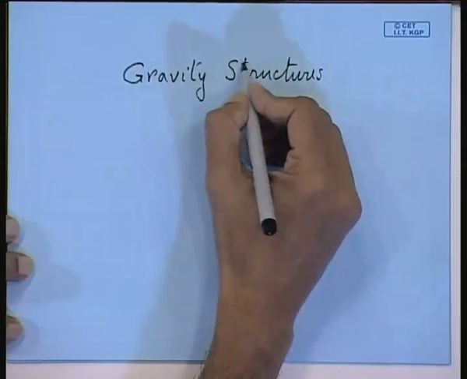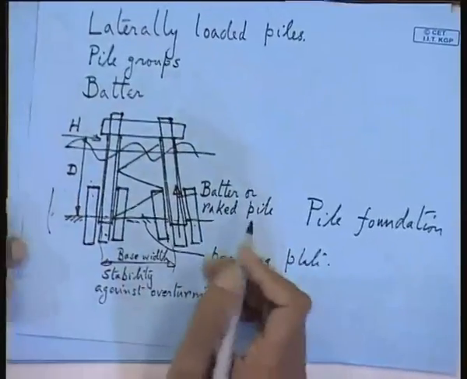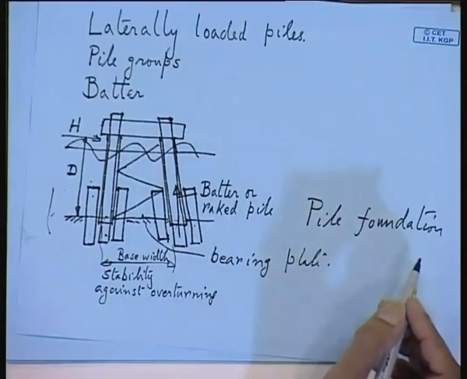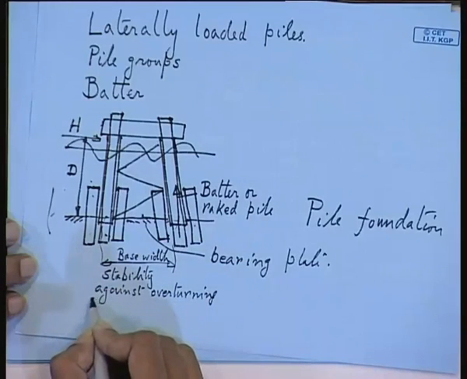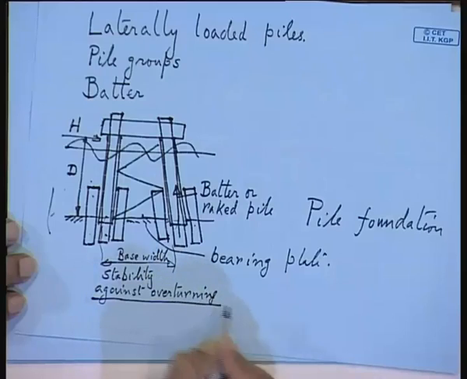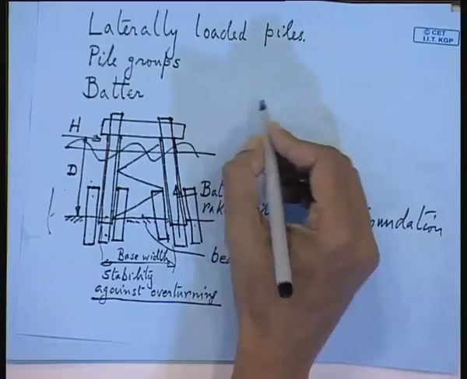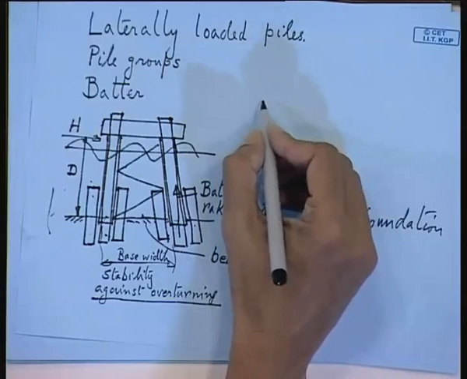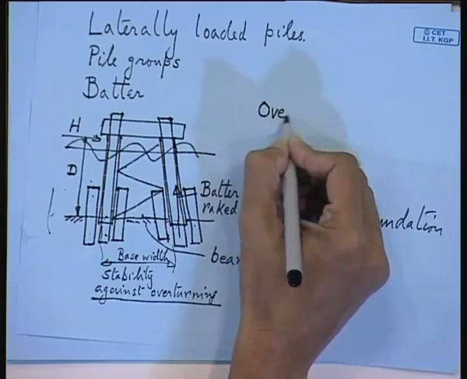The first structure that I have described is your pile foundation. This was what we were resisting, that was the overturning moment. Stability against overturning is the prime consideration for the stability of the structure. In any case, in offshore foundation you have to resist the overturning moment. So, this is very crucial.